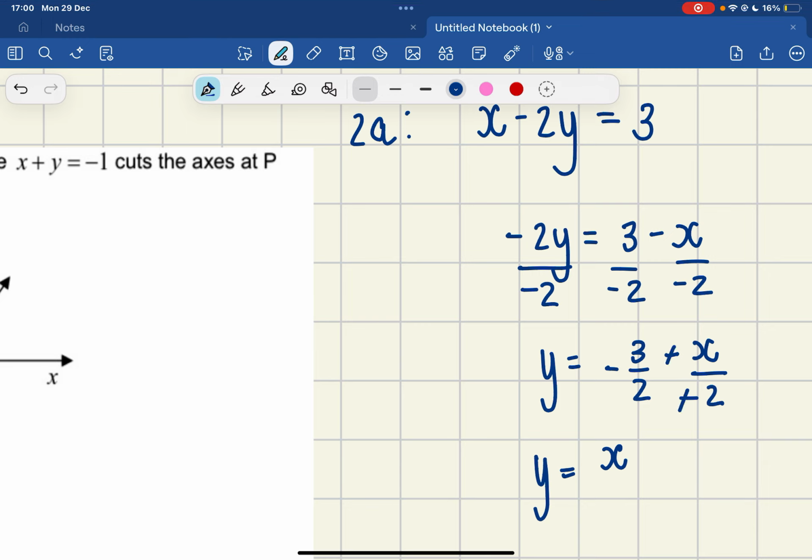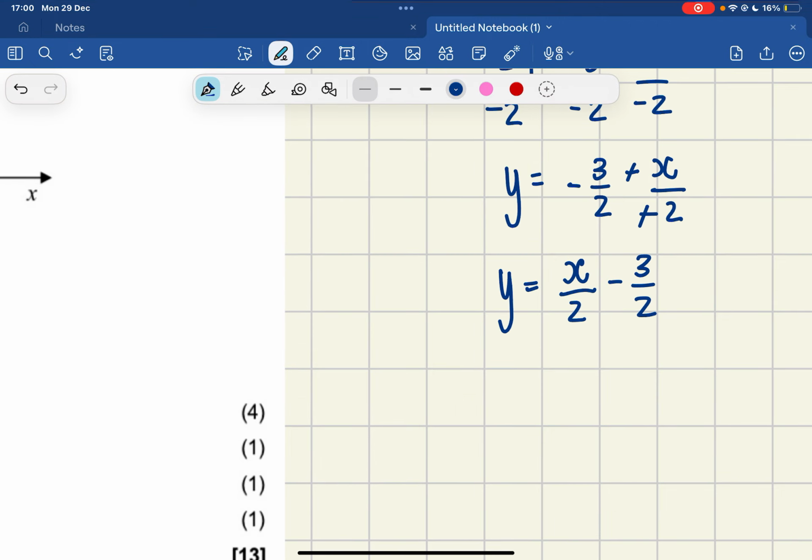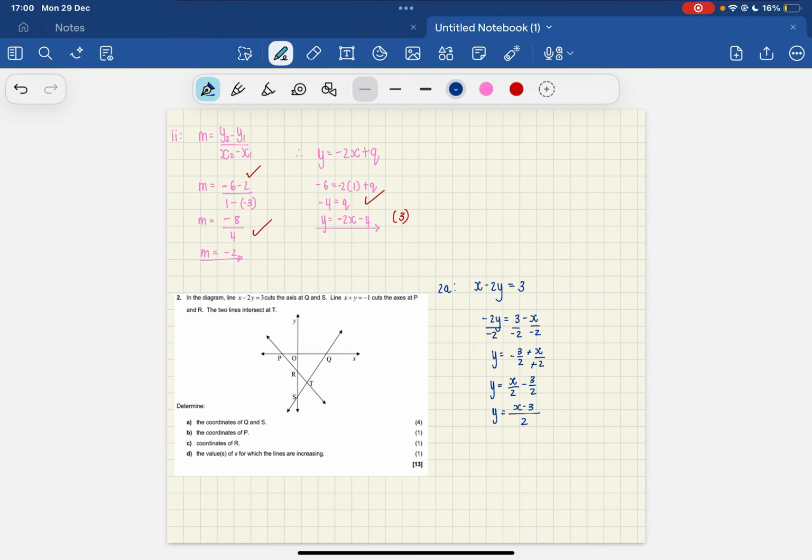So we'd have x over 2 minus 3/2. What we could also do, boys and girls, in case you are a bit intimidated by it, is have a common denominator, and you can have x minus 3 over 2. And that's your function.